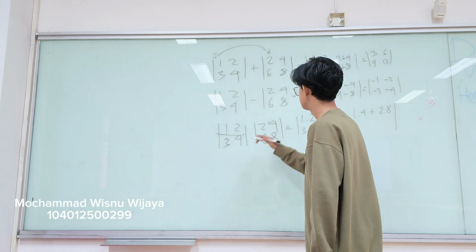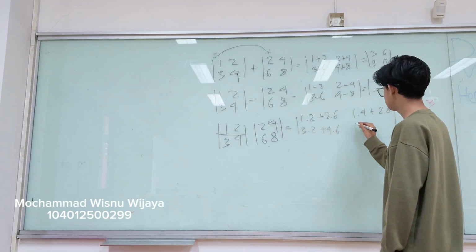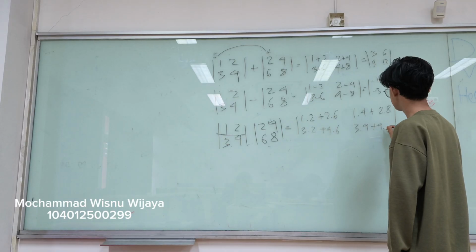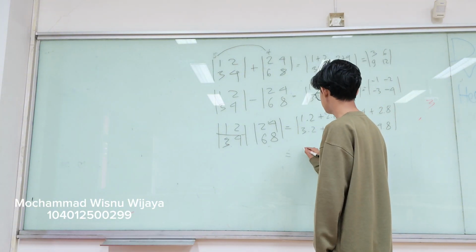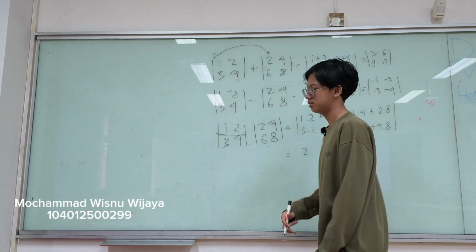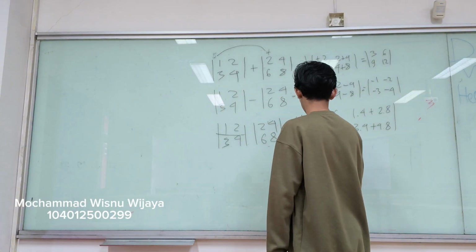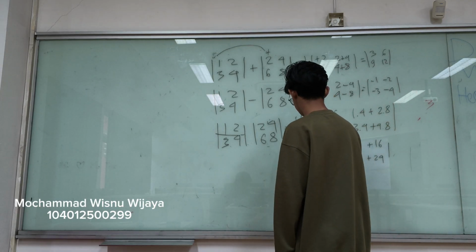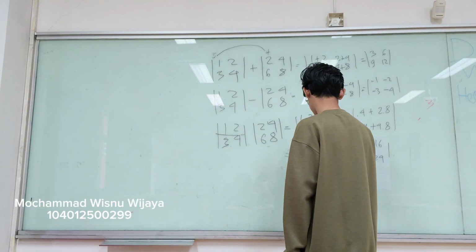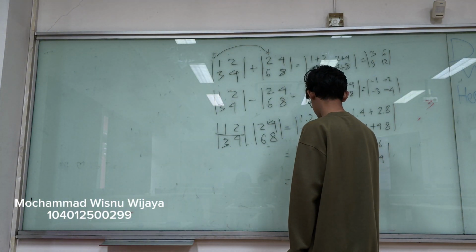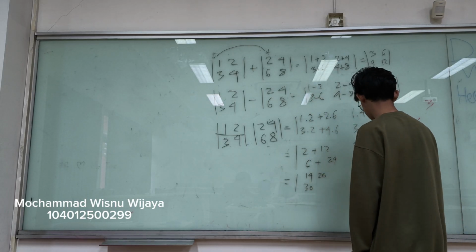And 3 times 2 plus 4 times 6, and 3 times 4 plus 4 times 8, equal 14, 30, 20, and 40.